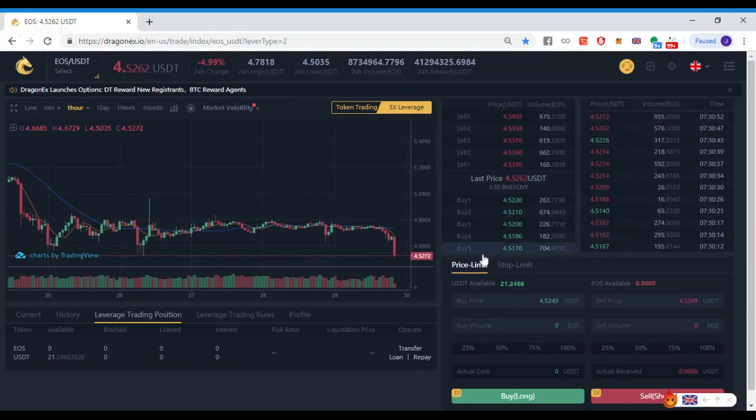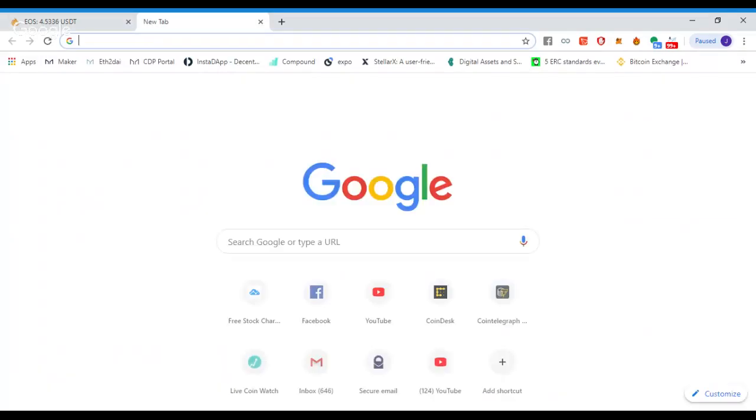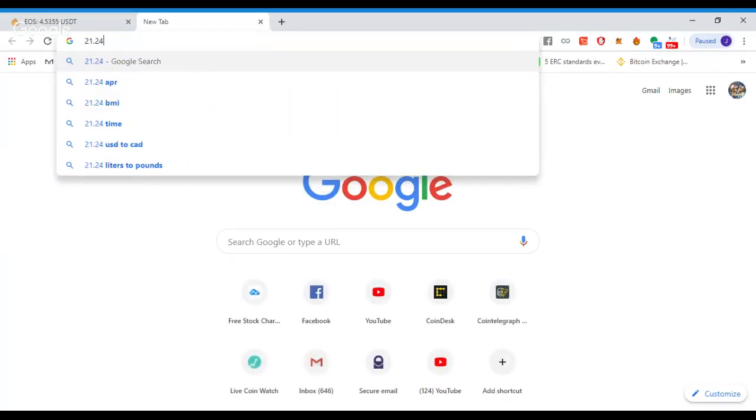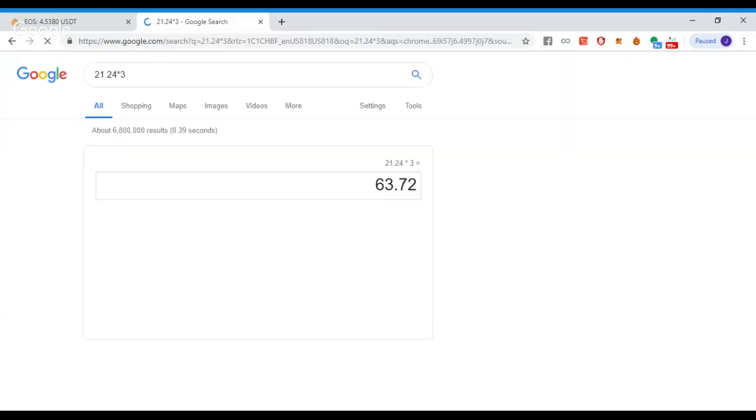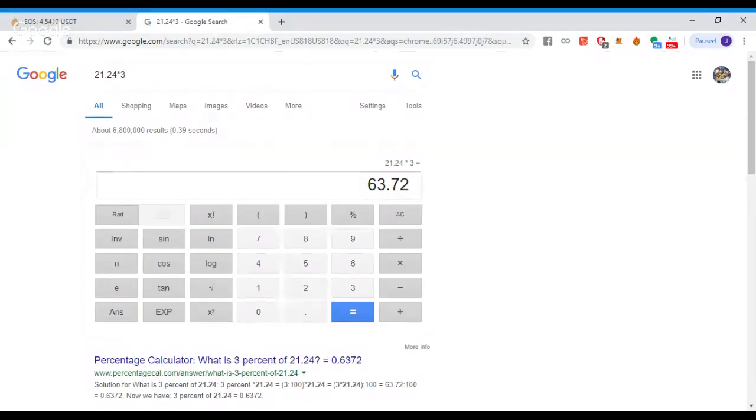Now it's time to look at the different types of loans that you are awarded over here, or the leverage. When we look at our loan, remember we have $21.24. 3x leverage will be $21.24 multiplied by 3, which gives us $63.72.